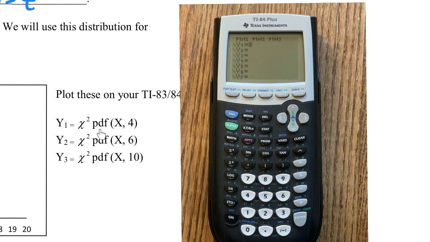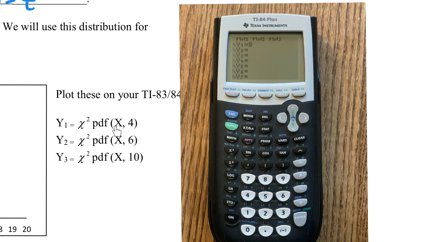And then we're going to just store these for y1, y2, and y3. So you get these from the distribution, right? It's just like before for normal CDF and all that. So you go second vars to get to distributions, and we want to do these one at a time. And then we want to get a picture of what they look like. So we'll put this one in, and then this one, and then this one.